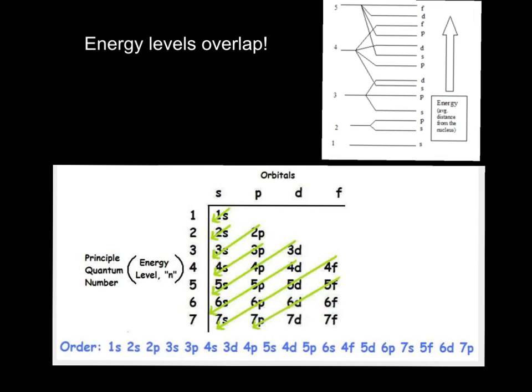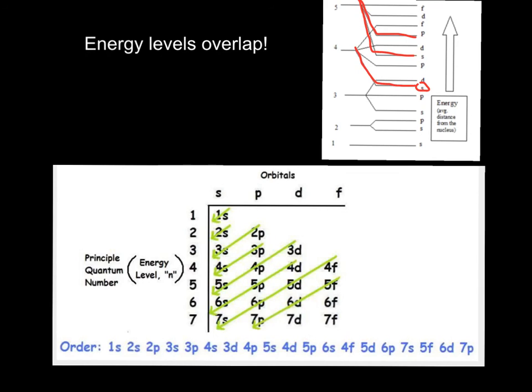But the fourth energy level right here, its 4s is lower in energy than the 3d. When we get to the fifth energy level, its 5s comes before the 4d and the 4f. And the fifth energy level's p sublevel comes in before the 4f as well.